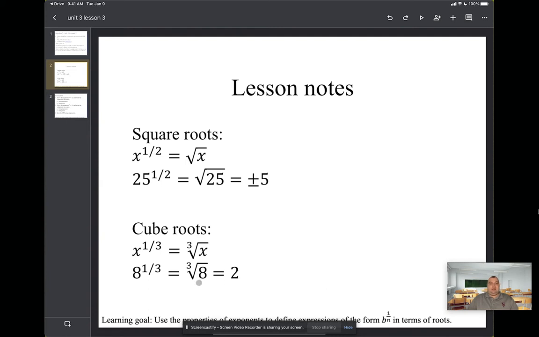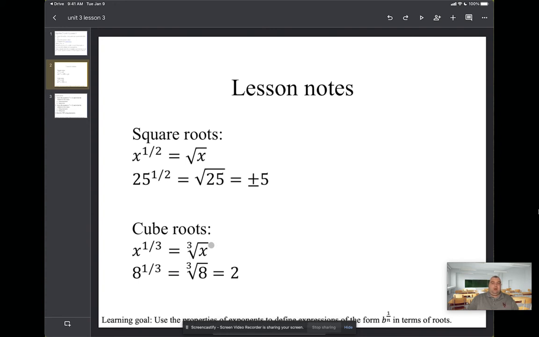We know that the cube root of 8 is equal to 2 because 2 cubed, 2 times 2 times 2, is equal to 8. We could also rewrite the cube root of 8 as 8 to the power of 1/3. Again, if I were to go in a calculator and type in 8 to the power of 1/3, I would also get an answer of 2.